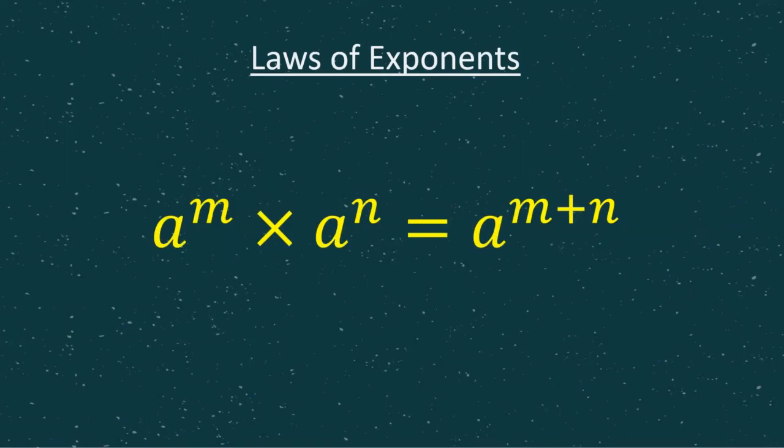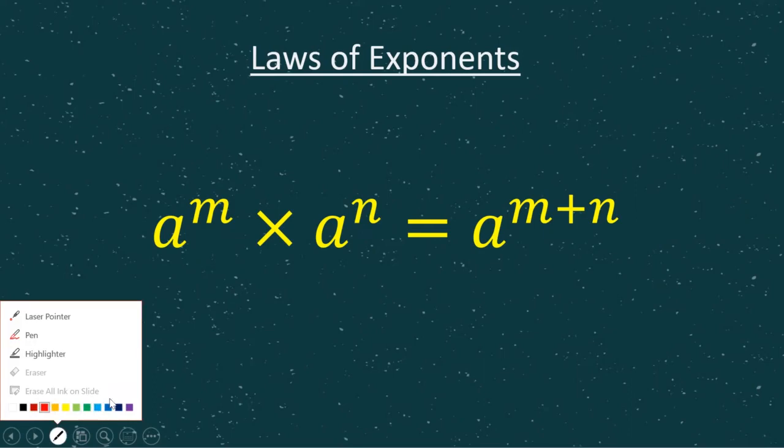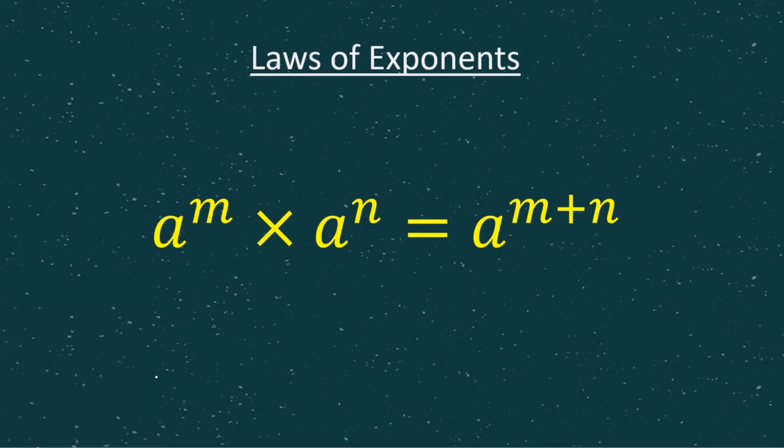So the first law of exponents is a raised to power m multiplied by a raised to power n. I will take one example to make you understand this. If I have a number here, m and n are integers, and a is a non-zero positive integer.